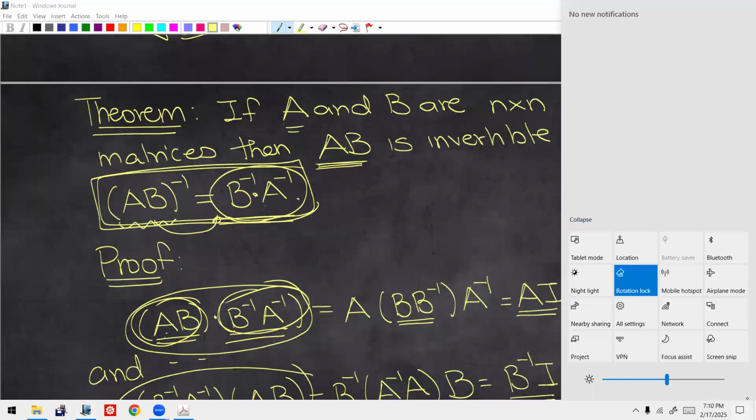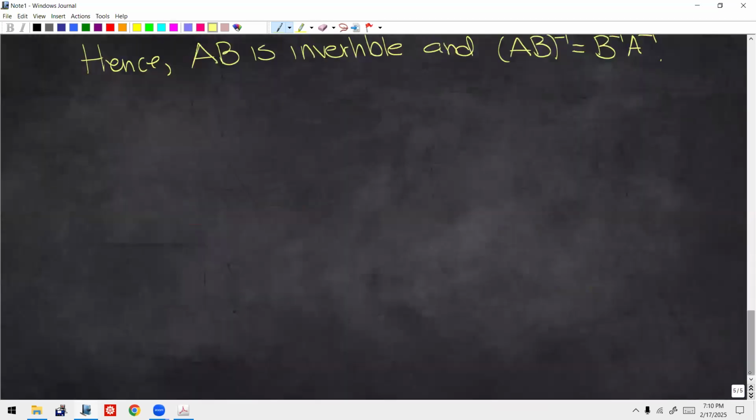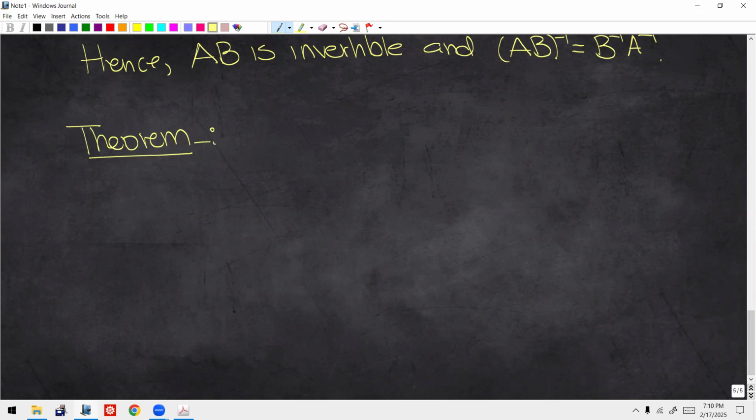The next theorem has to do with transpose. And again, I'm doing these proofs because they're so simple and they're just using the definition in essence, okay, of an inverse. If A is invertible, then A transpose, okay, is invertible.